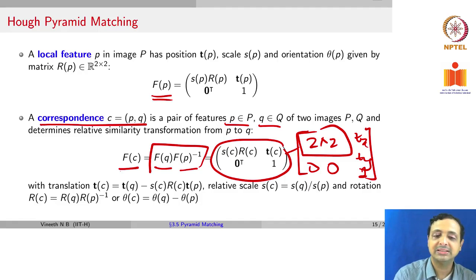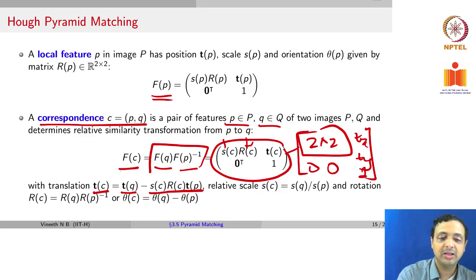And similarly, the scale and the rotation tell you what the transformation is: how much did you rotate to go from image p to image q, and how much did you zoom in or zoom out to go from image p to image q. We are not going to go deeper into this, but just to complete this discussion, this tc can be written as tq, which is the coordinate location of q, minus scrc tp.